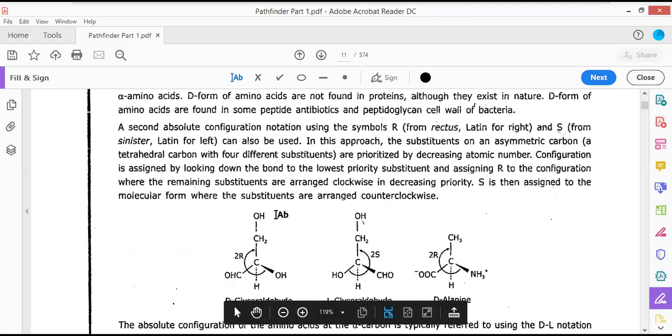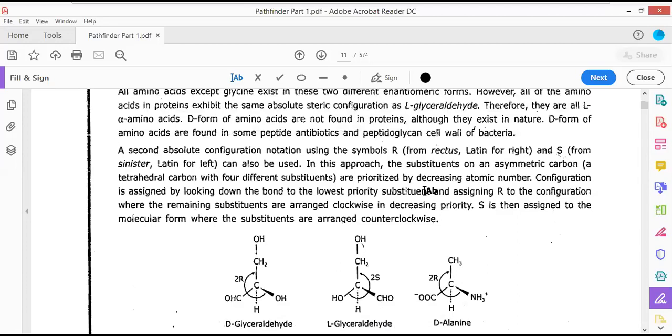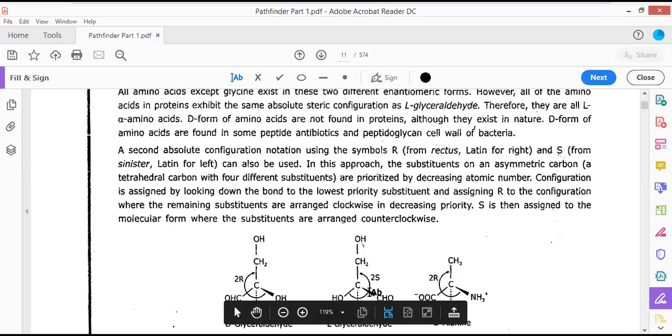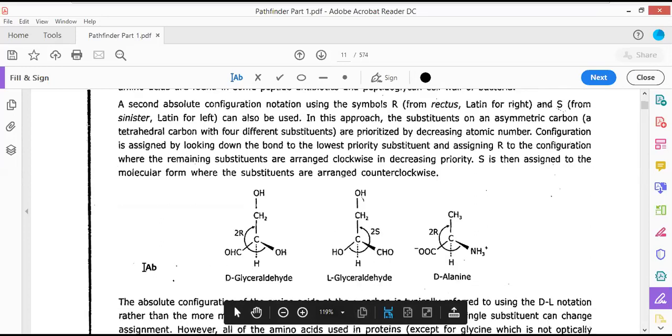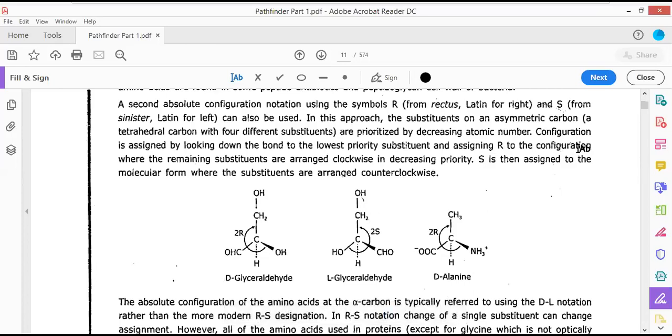This refers to the rotation of the plane polarized light along the chiral carbon atom, in which direction it is moving. In the case of L-glyceraldehyde, it moves in the left-handed direction. In the case of D-glyceraldehyde, it moves in the right-handed direction.